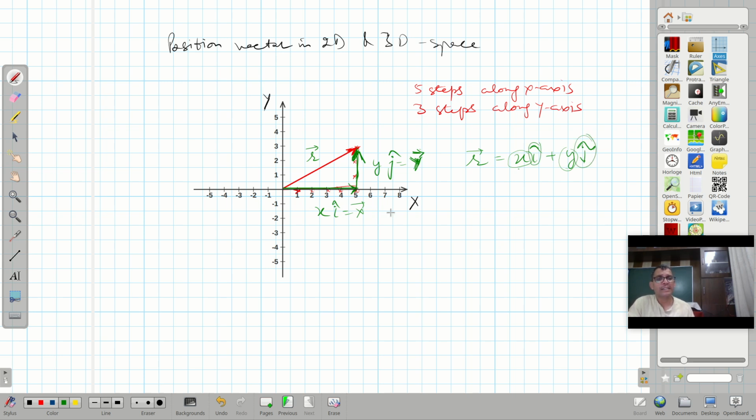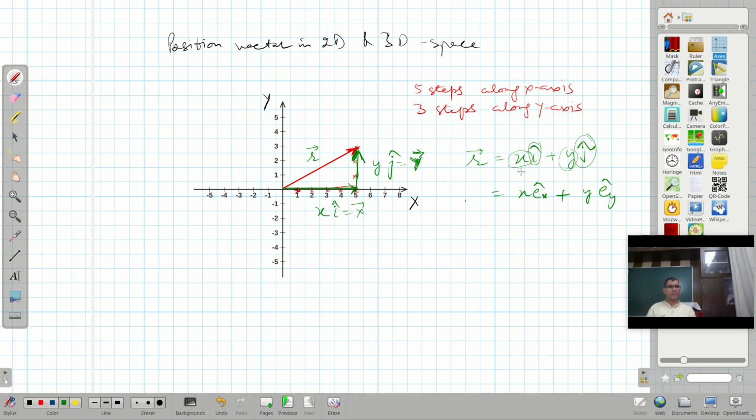So rather than calling it the x vector and the y vector, it is better to represent it like this, x i cap and y j cap. In some texts, the direction of the axis is represented by e_x cap and e_y cap and the corresponding magnitude. So you can also see it like this in various textbooks.